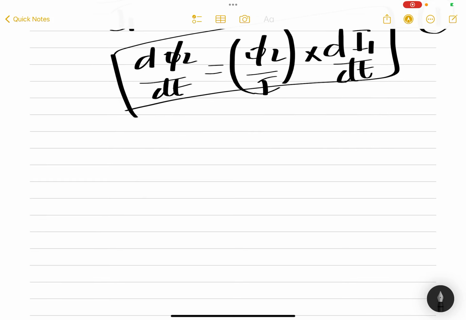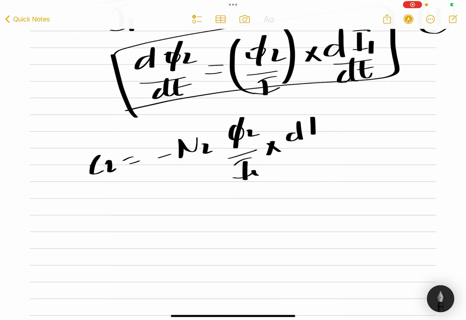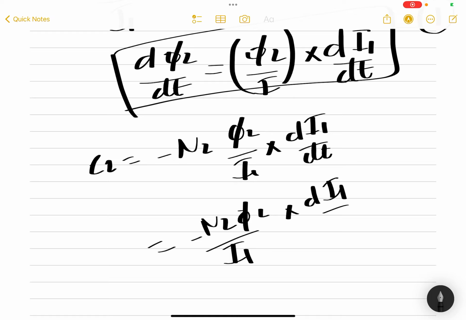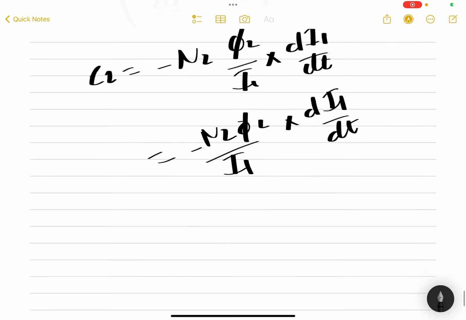So we'll get E2 is equal to minus N2 phi 2 upon I1 into dI1 by dt. Simplifying further, minus N2 phi 2 upon I1 into dI1 by dt, right?